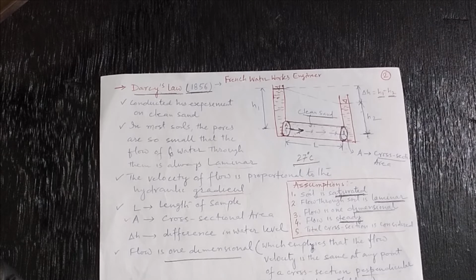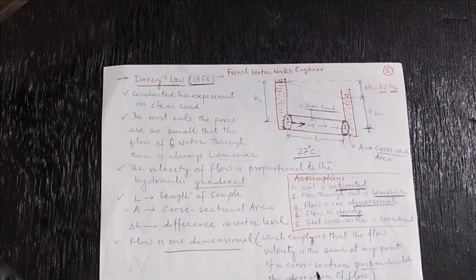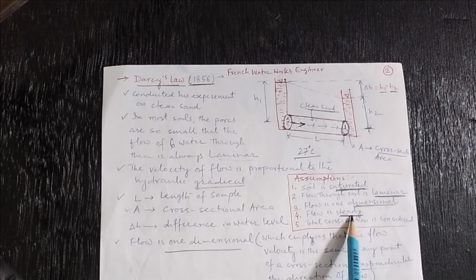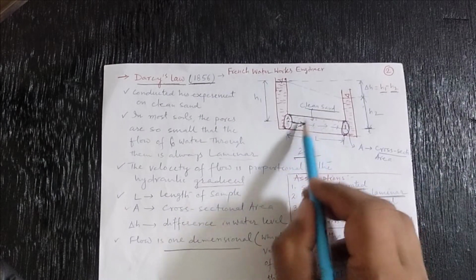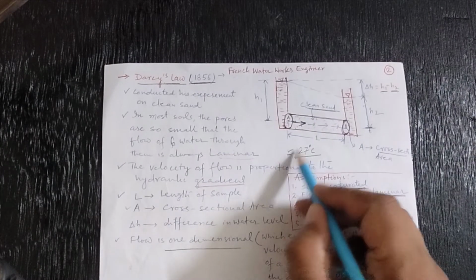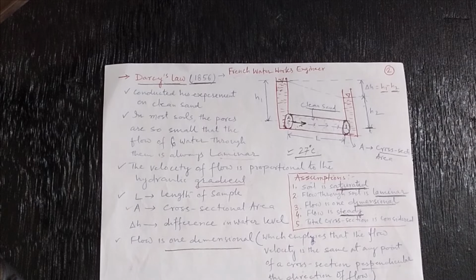It does not change. And flow is steady, which means flow parameters like pressure, velocity and head are also not changing with time. And the total cross-sectional area is used. He conducted the experiment at 27 degrees Celsius.